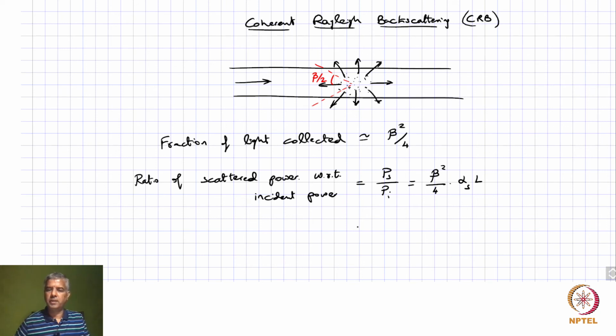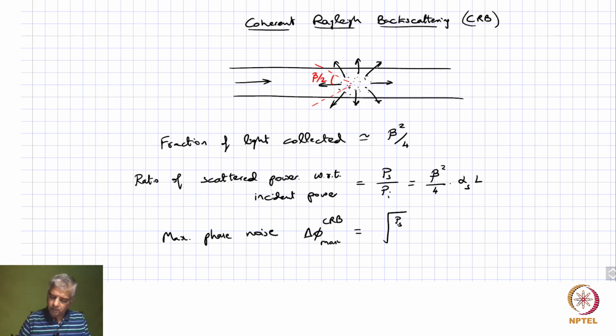If you are interested in the phase deviation that we are getting, or the maximum phase noise due to this CRB, coherent Rayleigh backscattering, you can say delta phi max due to CRB is going to be given by, since you are interested in the RMS value, a root of this variance.